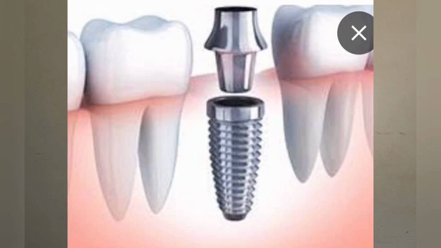So we use a material which is usually titanium. Rarely we can use zirconium, but usually it is titanium. You put it in the gum, in the alveolar bone, where the tooth is supposed to be replaced. You give it time to fuse with the bone. After it has fused very well, then on top you can put a crown. That is an implant.